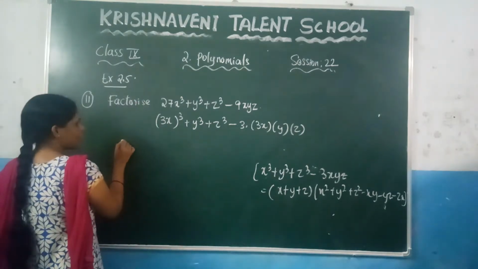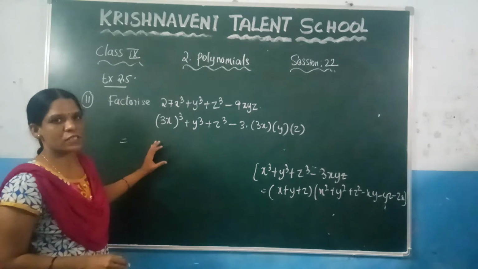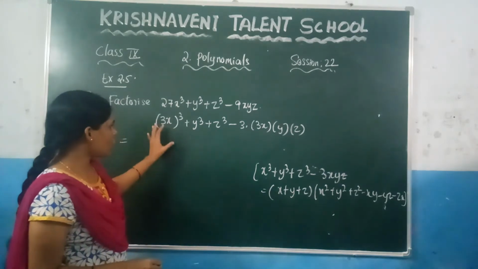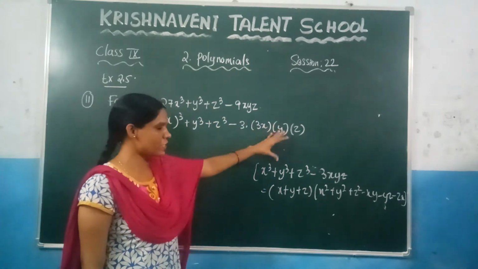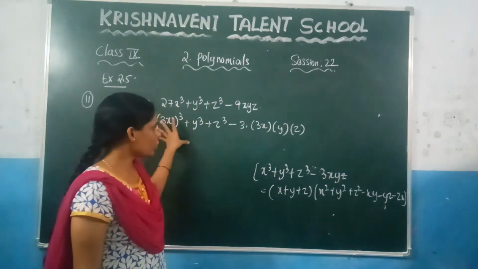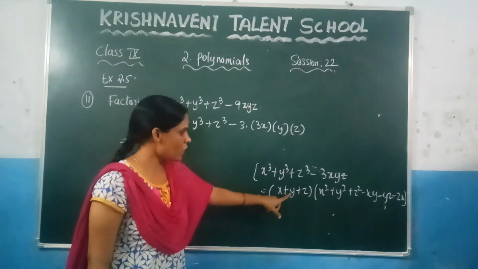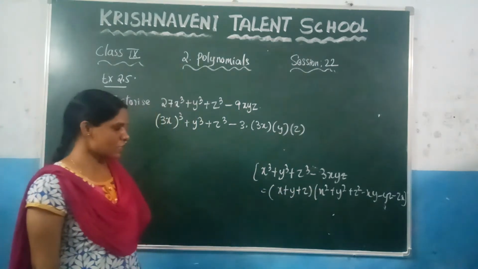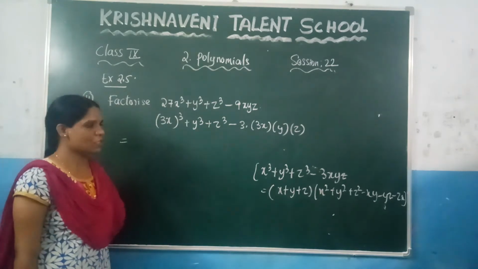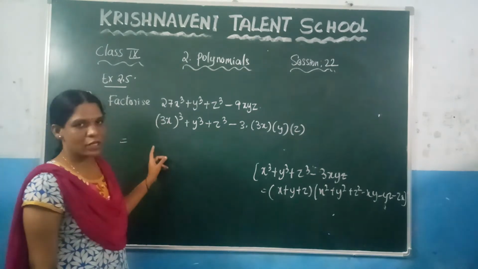So write it here, which is equal to x plus y plus z. So what is the value of this? It is x cube plus y cube plus z cube minus 3xyz. We got it here. Now you can write this one in the form of x plus y plus z into x square plus y square plus z square minus xy minus yz and minus zx. So in the place of x, what is there? 3x.